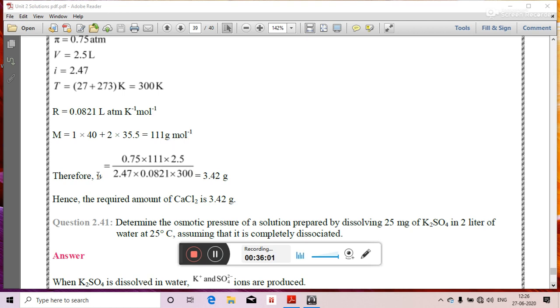So weight of calcium chloride equal to, we have to put the values of the other quantities in the equation. So our final answer is 3.42 gram. Hence the required amount of calcium chloride is 3.42 gram.